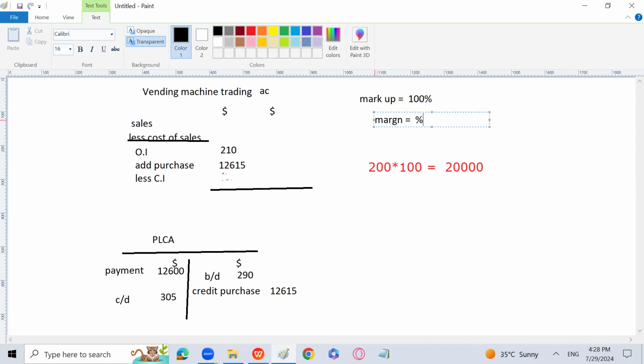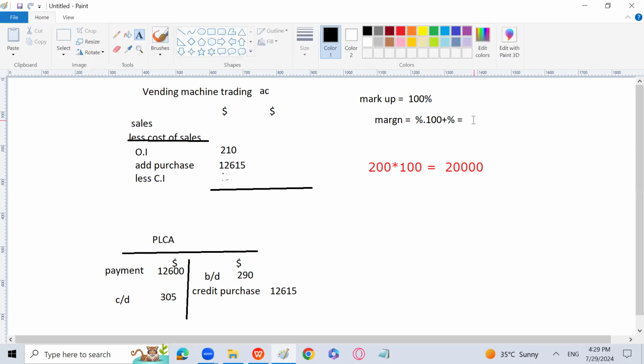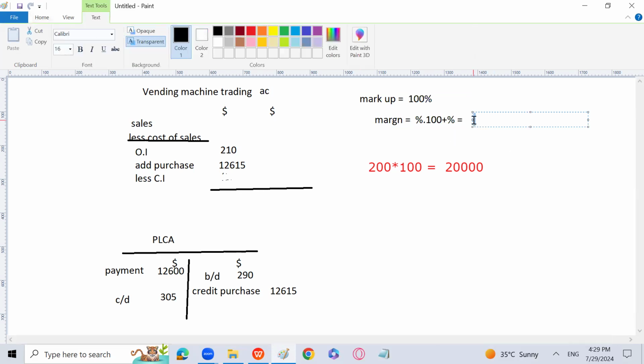That is the percentage over 100 plus percentage. And that is going to become 100 over 100 plus 100, that is 200. So that is going to be 50%. Obviously 50%. Or you can write 100 over 200 in the fraction also, no matter.